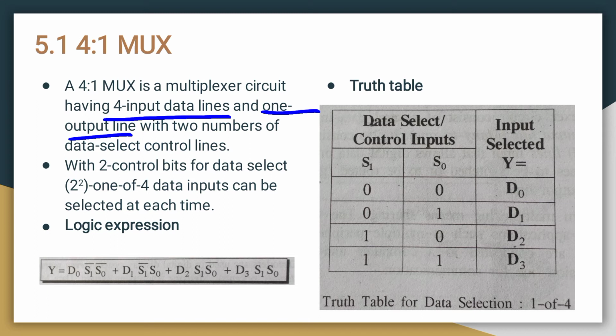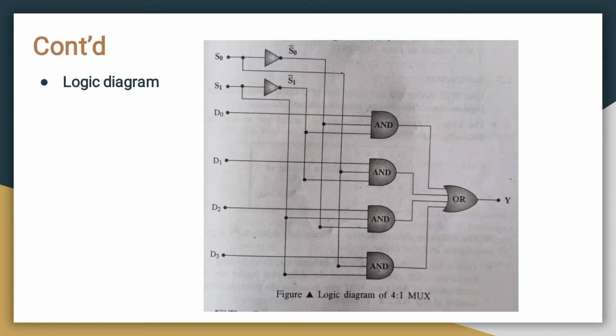So let's see what happens for this. For S0 and S1, we need S0 bar and S1 bar. We put a NOT gate to convert S0 to its complement, and for S1 again a NOT gate to convert it to the complement of S1.